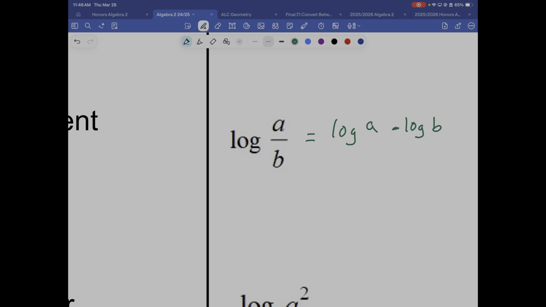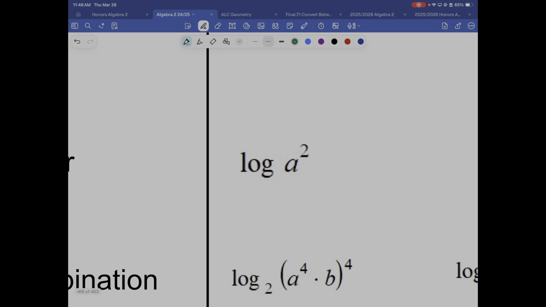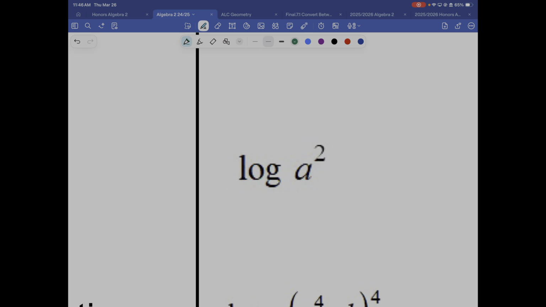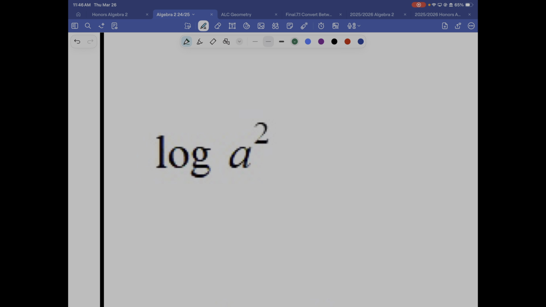That's the quotient one. And then the power one. Log of a squared. We got the 2 there. So its exponent is 2. Our property says that that exponent moves out front. The base of the log remains the same. And the a goes there. And you're done. Nothing left to do.